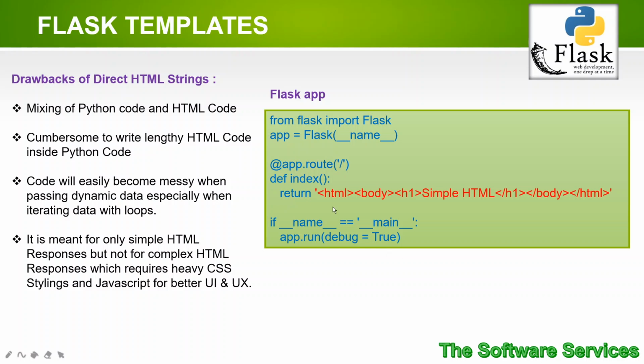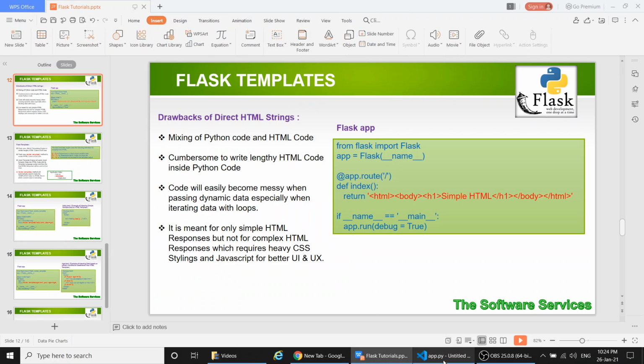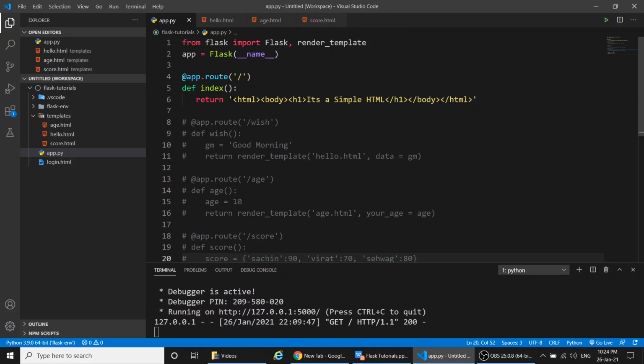First of all, let me show how we are returning a simple string from a function, then we will go for how to use templates, right? Let me explain. So here I had written this code. If you type the main localhost colon 5000 URL into the web page, then this function will execute and return this raw string, right?